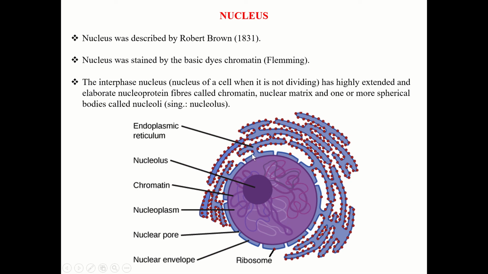You can see this is the structure of the nucleus, which consists of two membranes, inner membrane and outer membrane. It is interrupted by nuclear pores, and then there is the endoplasmic reticulum. When ribosomes are present, we call it rough endoplasmic reticulum. Then the nucleolus, chromatin, and matrix are called the nucleoplasm.